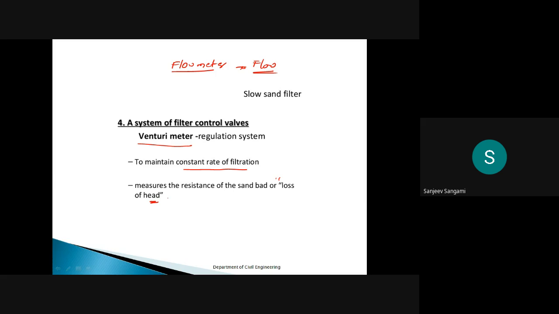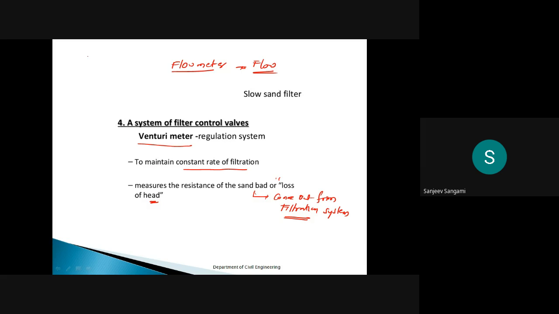See, if you don't provide these control valves, then sometimes there are chances that the sand bed is going to come out from the filtration system. Remember, this is to avoid the loss of the filter as well as the loss of head.